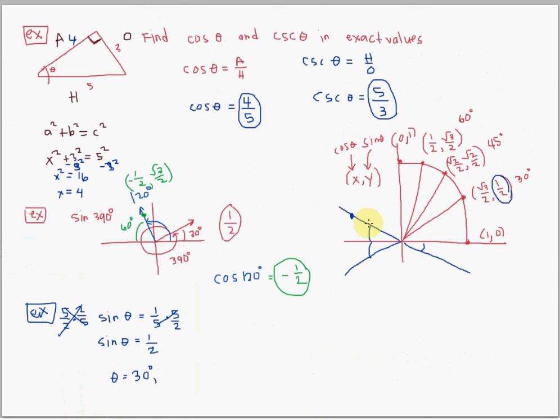It's going to be square root of 3 over 2 negative, because x is negative, and a positive 1/2. So the sine is positive 1/2 in this quadrant, and this distance here is 150 degrees. And so that would also be a place where that would be correct.